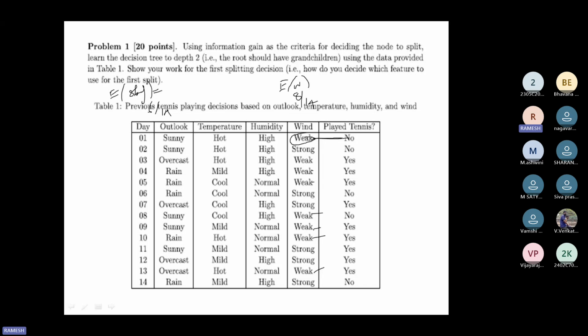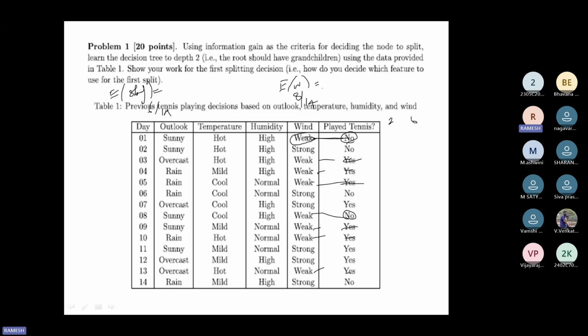When it is weak, no. Weak, yes, yes, yes, and weak, no. So it is the second one. 1, 2. That's it. So only when it is weak, the no values are 2. Now we can calculate the entropy: 2 no's are there and the remaining 6 are yes. Yes: 1, 2, 3, 4, 5, and 6.